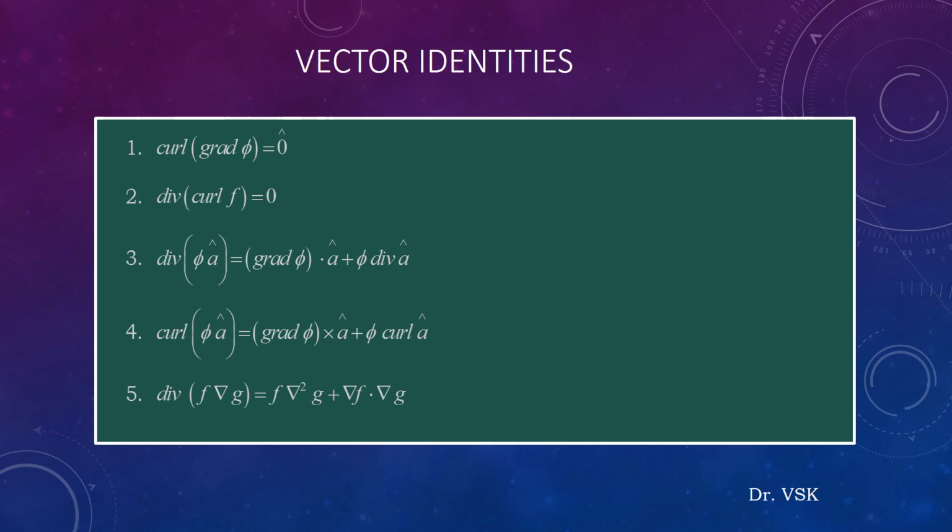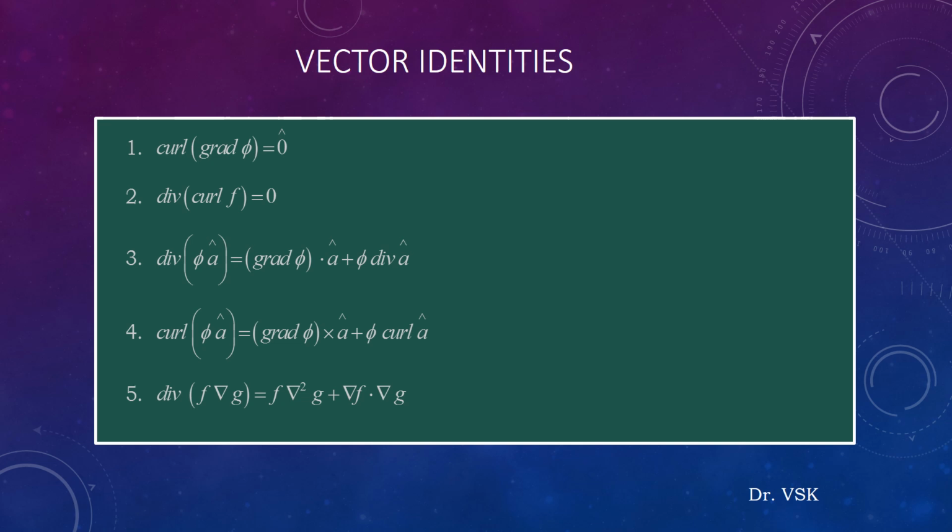F del g is a vector field. We are applying divergence on it. So div of f del g, it is a scalar. In this identity, the left hand side is a scalar. What it produces actually? It produces f del square g plus del f dot del g.